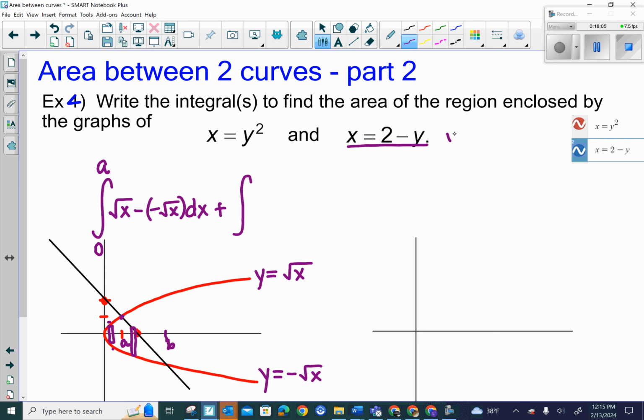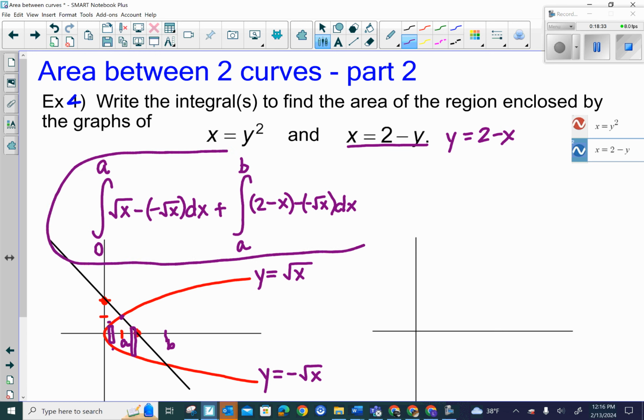So y is going to equal 2 minus x, because my thickness of that rectangle is delta x. That will drive my choice of the variable. So it's my upper function of 2 minus x minus my lower function of negative square root of x, and that will go from A to B, which I would have to find on my graphing calculator. I'm just setting up the integrals for now. Obviously, we'd want to find A and B. So that's one way. It's kind of cumbersome this way.